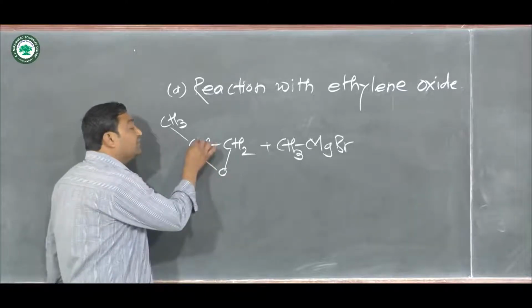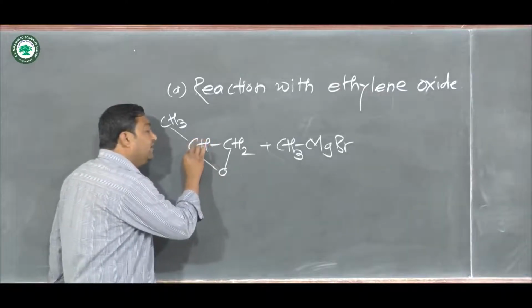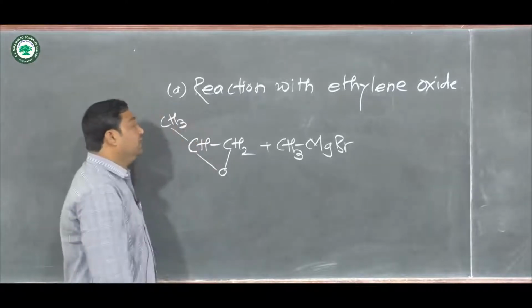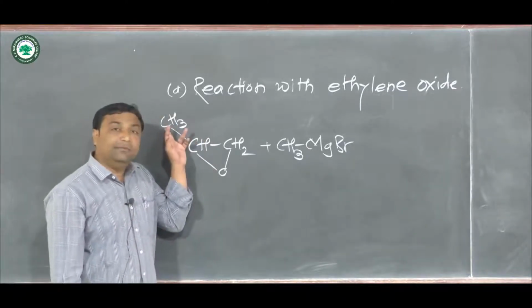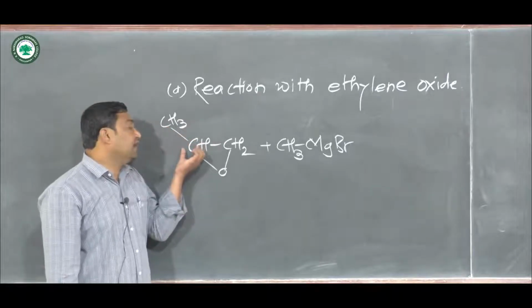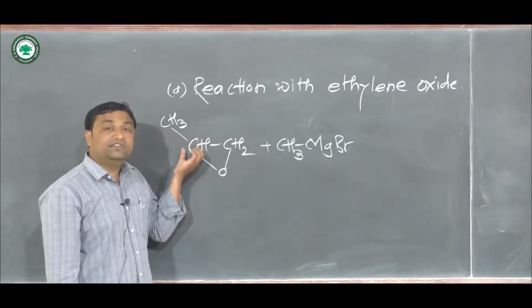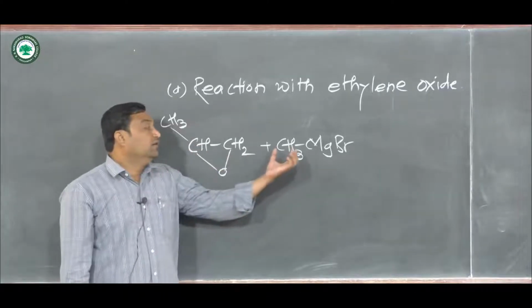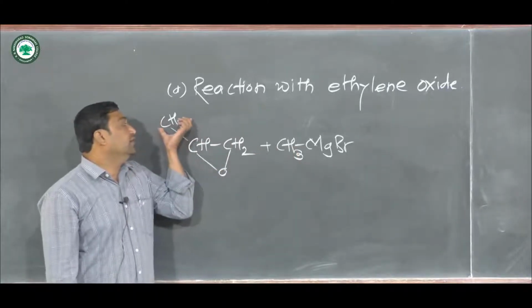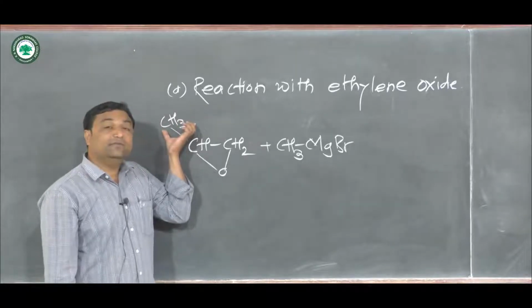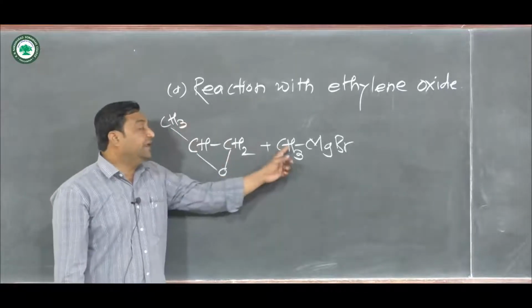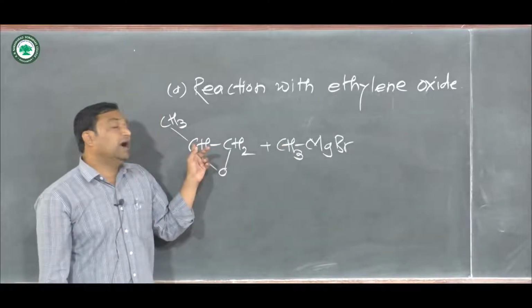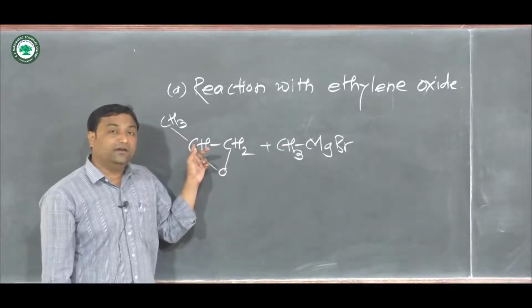Being the more substituted site, it has a bulky methyl group, and due to that bulky methyl group, this carbon atom becomes sterically hindered, so the attack of this CH3 negative on this carbon atom becomes difficult.